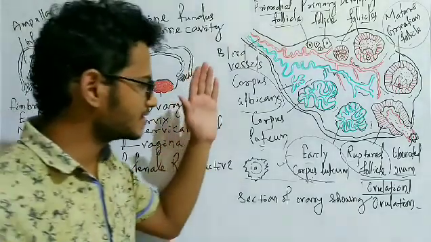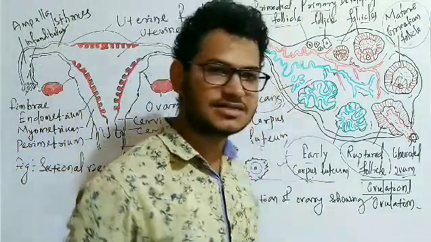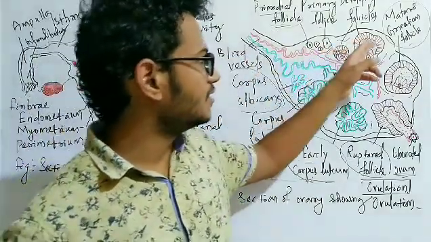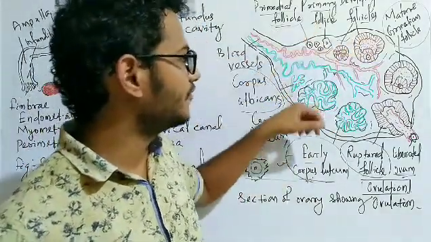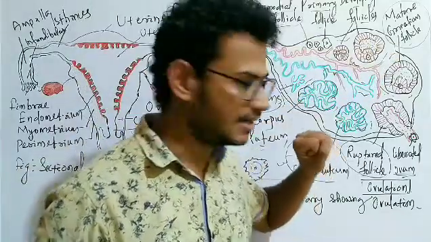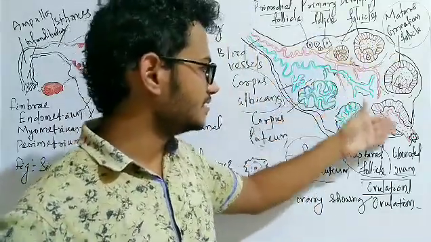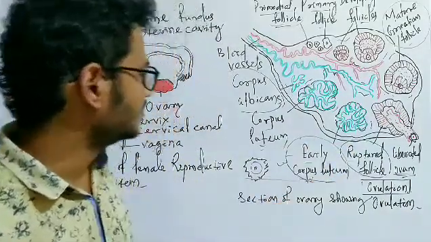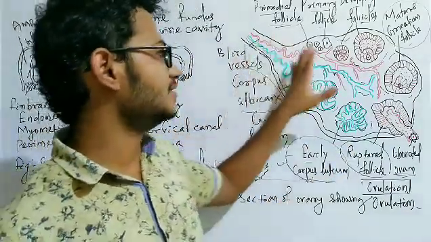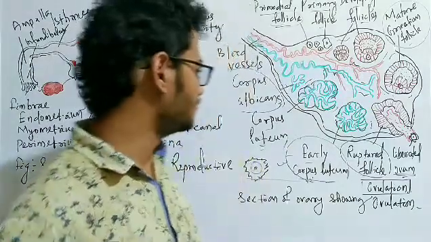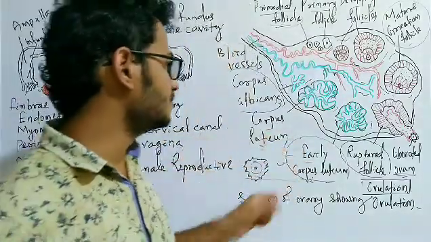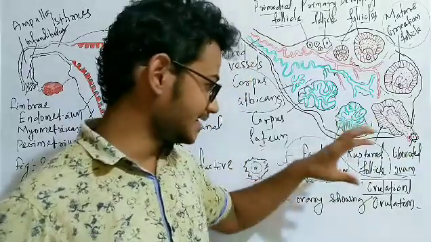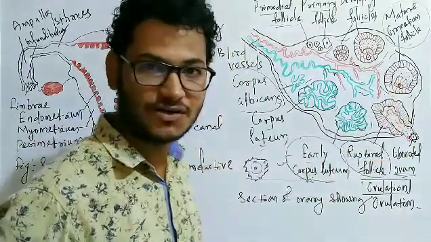We have already discussed the section of the ovary showing the maturation of the primary follicle to form the Graafian follicle, which results in the liberation of the ovum, which we call ovulation. And we have also studied different functions of the corpus luteum, which is formed after the liberation of the ovule or the secondary oocyte from the Graafian follicle.